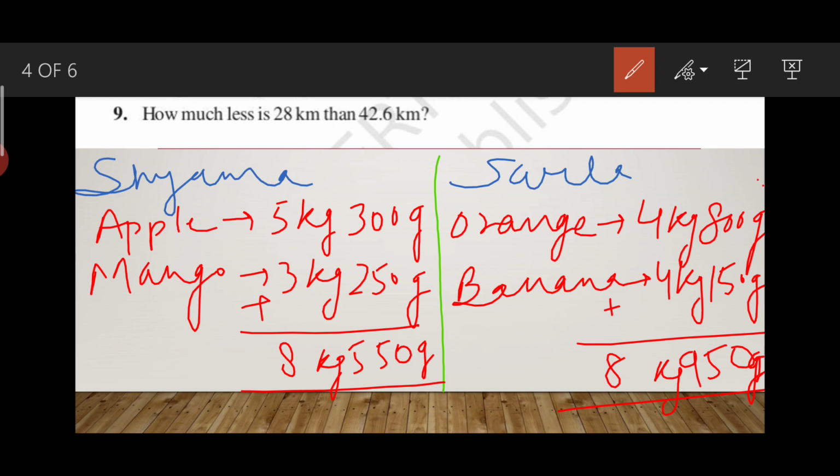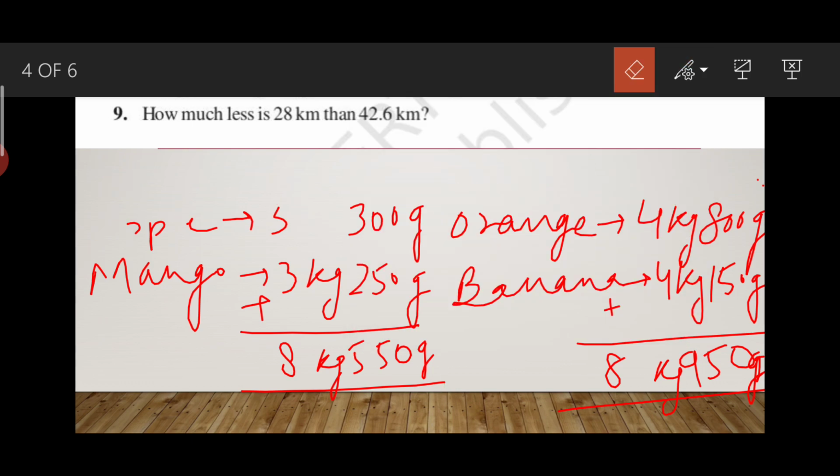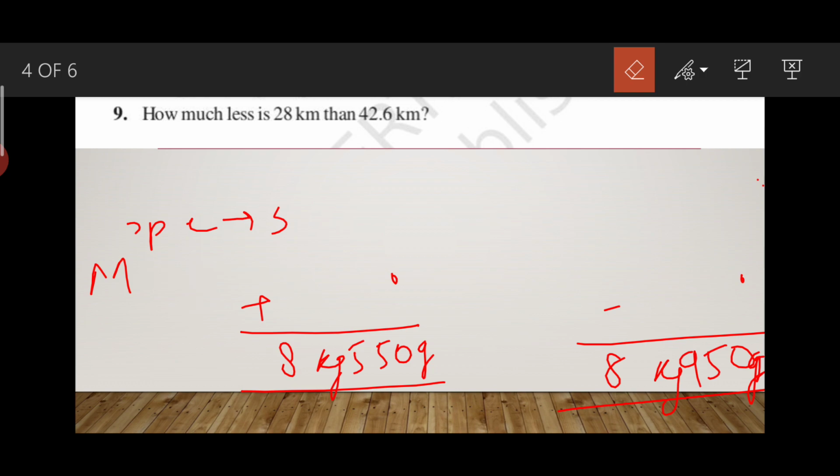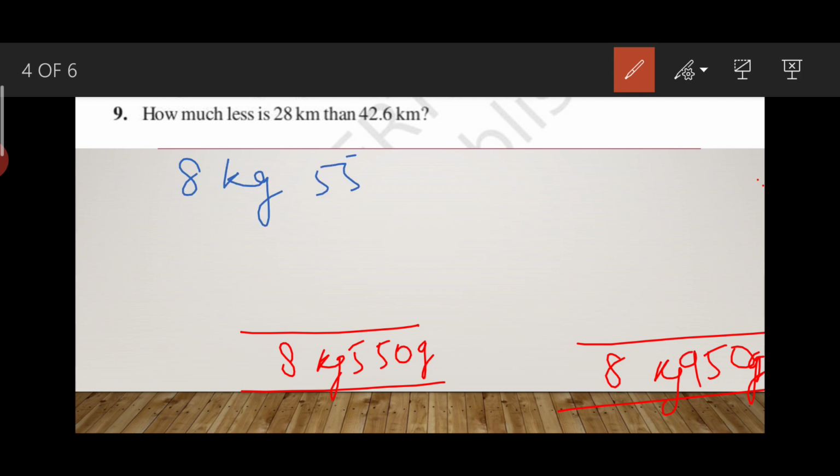you can see here, first is the case of Shama and second is the case of Sarla. You remember it. Now moving on, how will you compare both these values? The question is this, how will you compare 8 kg 550 gram and 8 kg 950 gram?